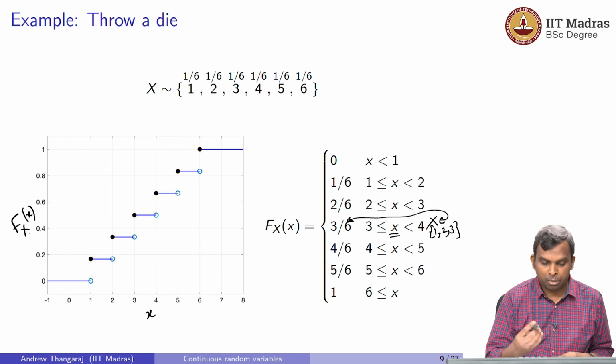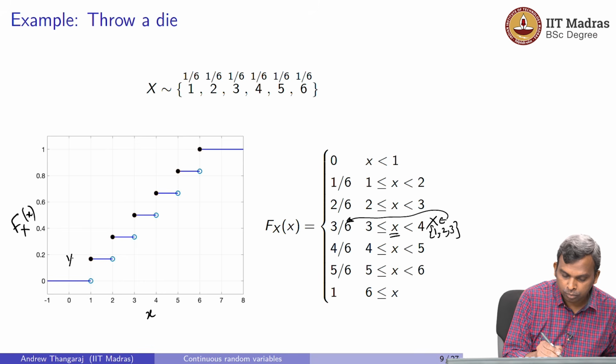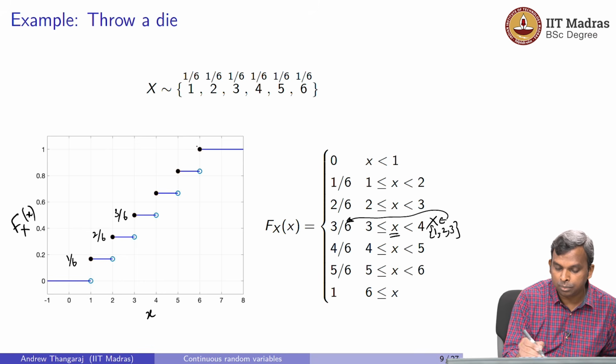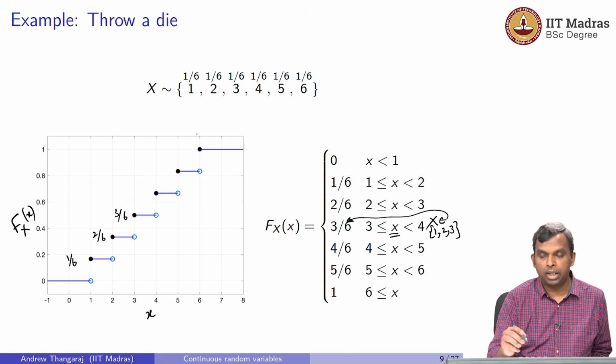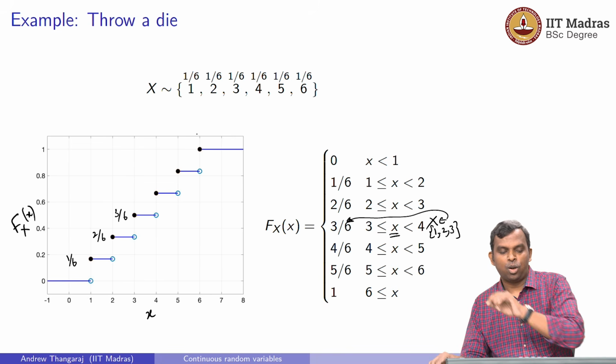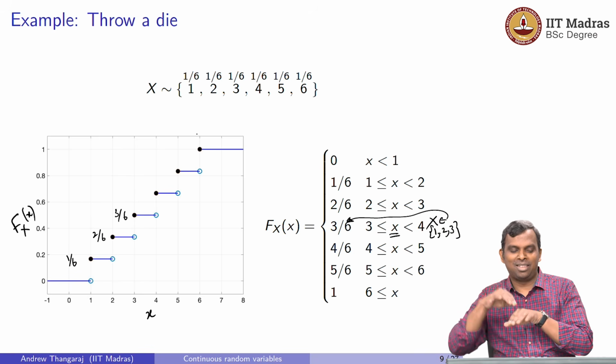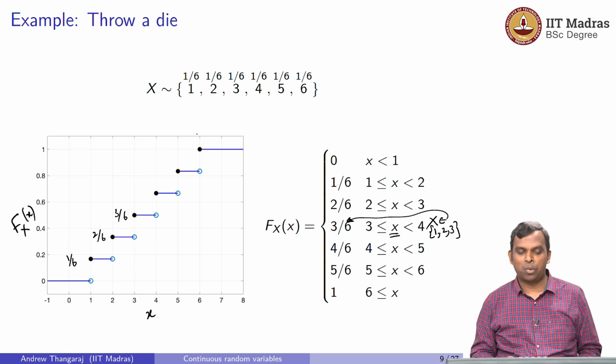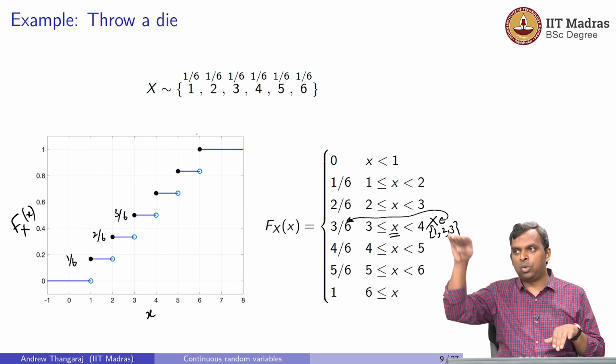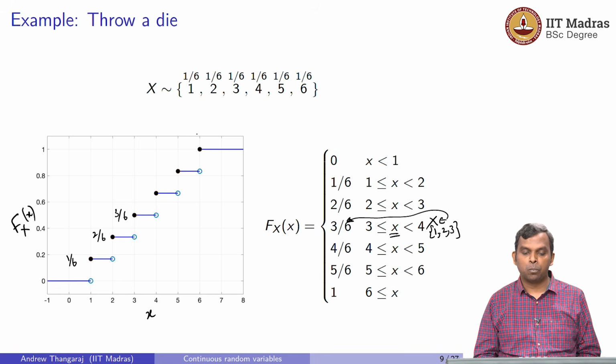So this value is 1 by 6, this value is 2 by 6, this value is 3 by 6, and so on. That's what I've plotted here. Just steps, non-overlapping steps, going up by 1 by 6 each time. It starts at 0, goes through these steps and reaches 1.